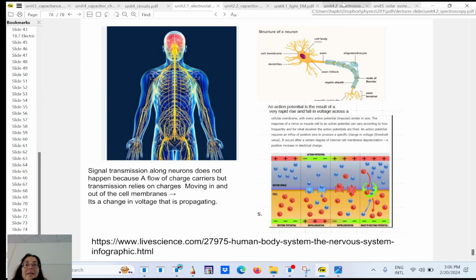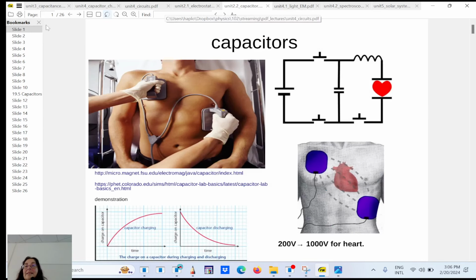Okay. Let's move to the next unit, capacitor. By the way, we do have a test coming, number 2, after spring break, I think. No, I have a problem to do. How come I don't see my problem? I went too fast.